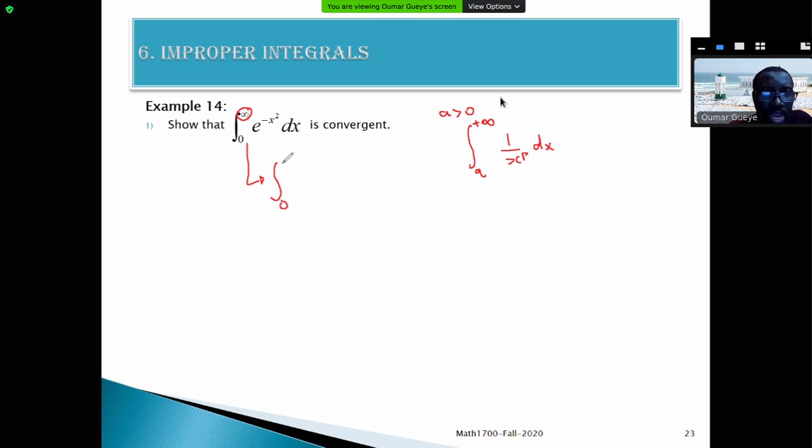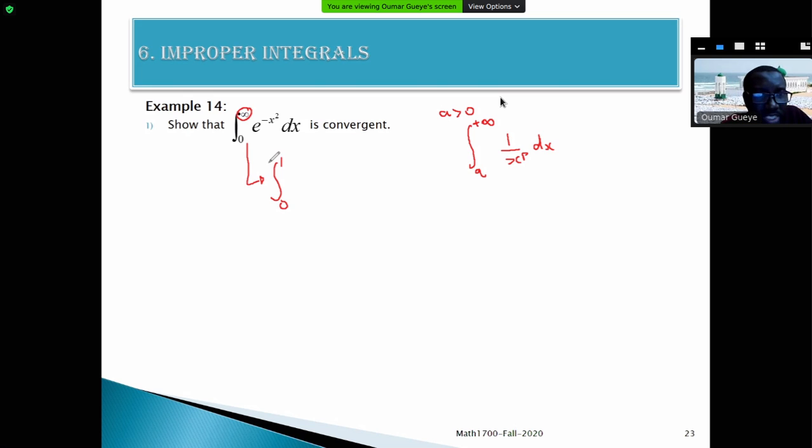I repeat again, why I'm doing this is I want the bottom to be a number which is greater than 0. Since I have 0 here, I cannot use the first p-test, because in the first p-test the integral starts at a positive number, and here we start at 0. That's why I'm just going to take 1. You can take whatever you want. It could be 1 or something else.